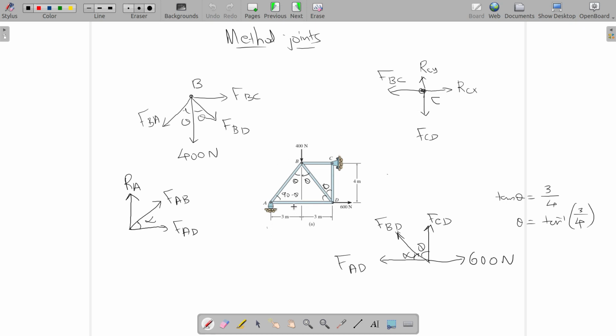Consider the structure together as a single system and write down the equilibrium equations for the whole structure, and using that you find out all support reactions and substitute the support reactions in these equations to find out all other member forces.